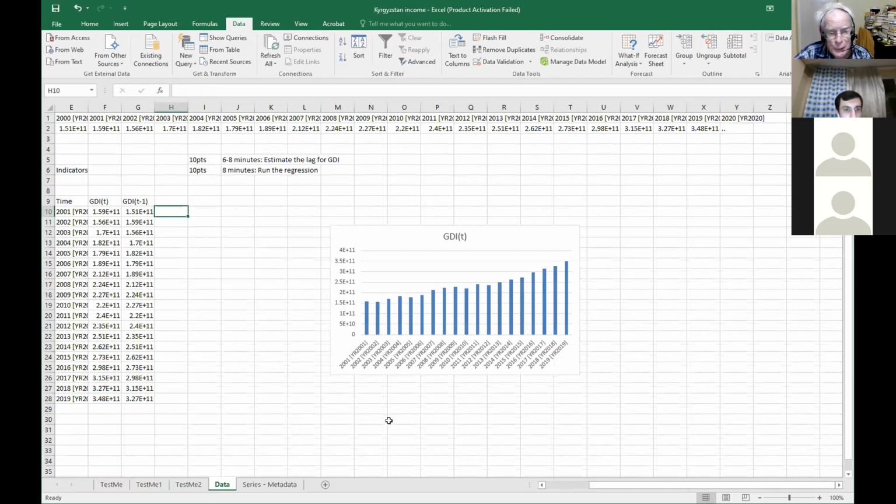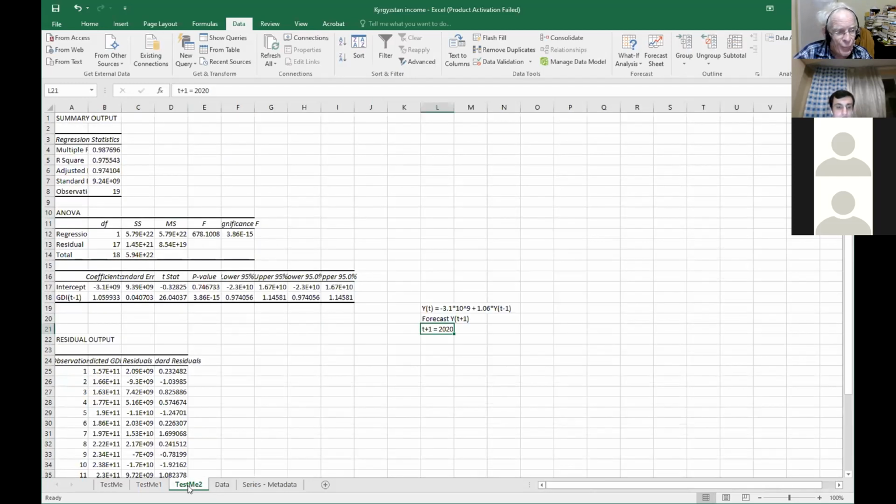So take a few minutes now, let's say until 9 o'clock, to forecast GDP in 2020 using this model. Okay, so I will pause there and then we will resume at 9 o'clock.